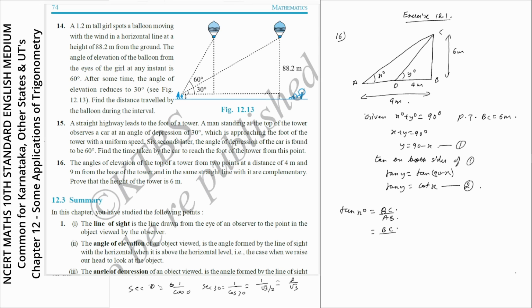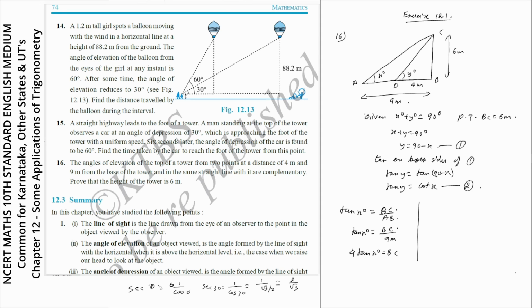It is 6 meter, we should prove that. So until then we'll assume BC is unknown. So BC by AB, AB is 9 meter. This is tan of x degree. So if I cross multiply, I'll get 9 tan of x degree is equal to BC.